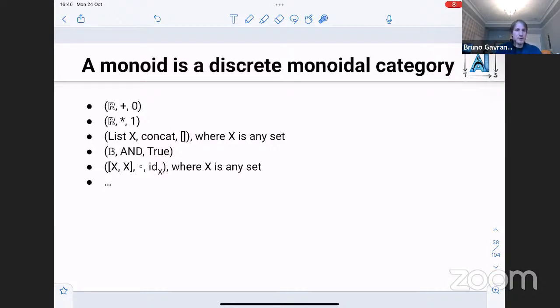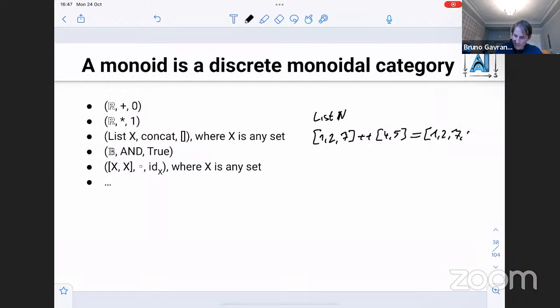Very interestingly, if you're doing functional programming, you might know of monoids as an example of a list of a particular type. So if you have a list of, say, natural numbers, a list of numbers 1, 2, and 7, you can concatenate this. I'm going to write this plus plus in the Haskell notation with a list containing 4, 5 to give you a list 1, 2, 7, 4, 5.